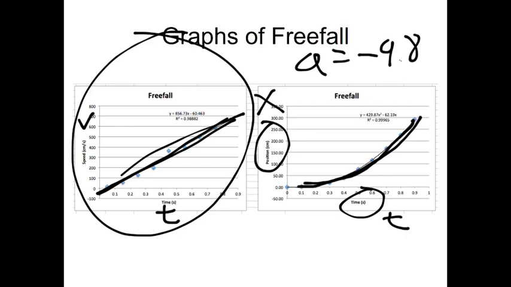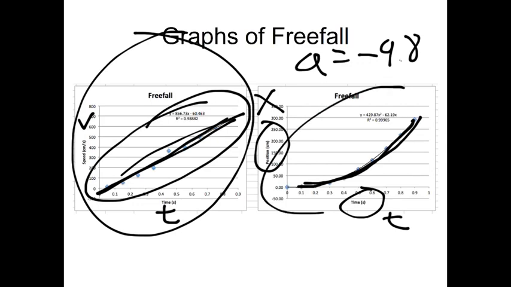But again, on a velocity time graph, slope is equal to acceleration. If this were free fall, the slope of this particular part of the line should be about negative 9.81 meters per second squared. On a position time graph, a curve indicates acceleration. This particular object is accelerating because it is freely falling.